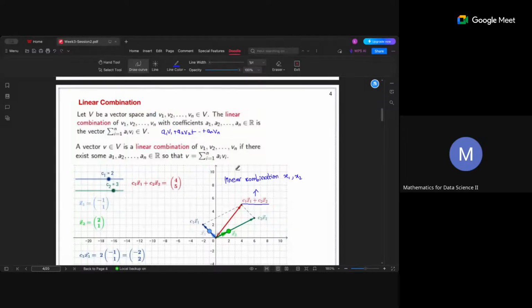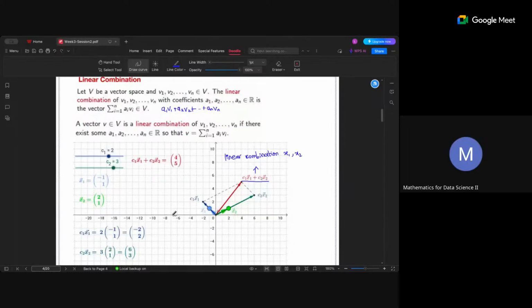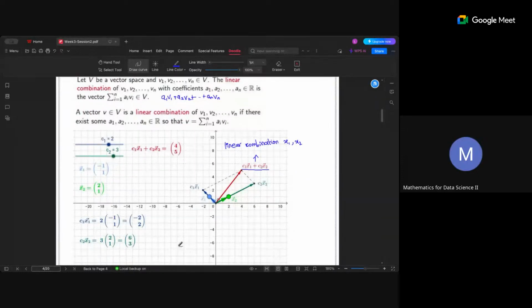Instead of considering all the points in the space, we have some specific special set of vectors which can help us take care of all the vectors that can be achieved through this linear combination. I can explain more after a few slides. All right?